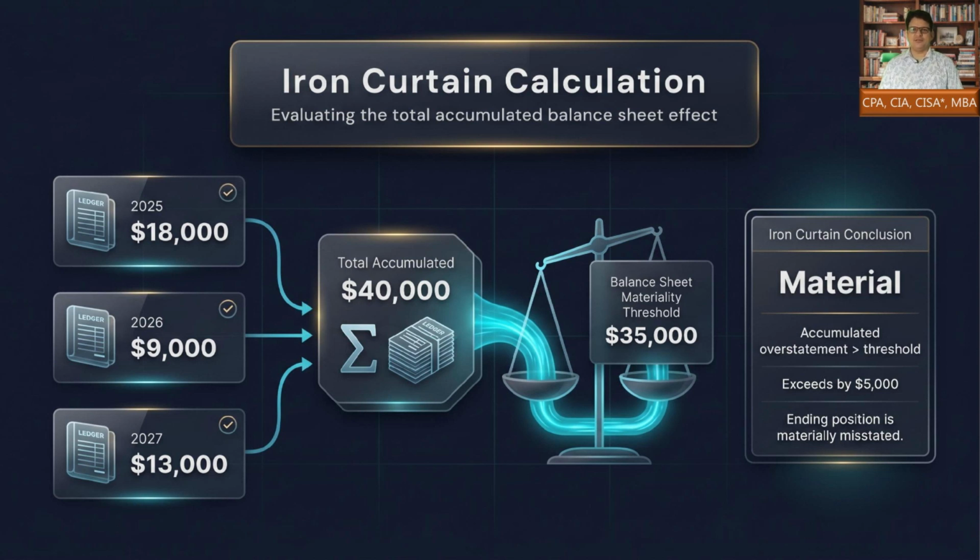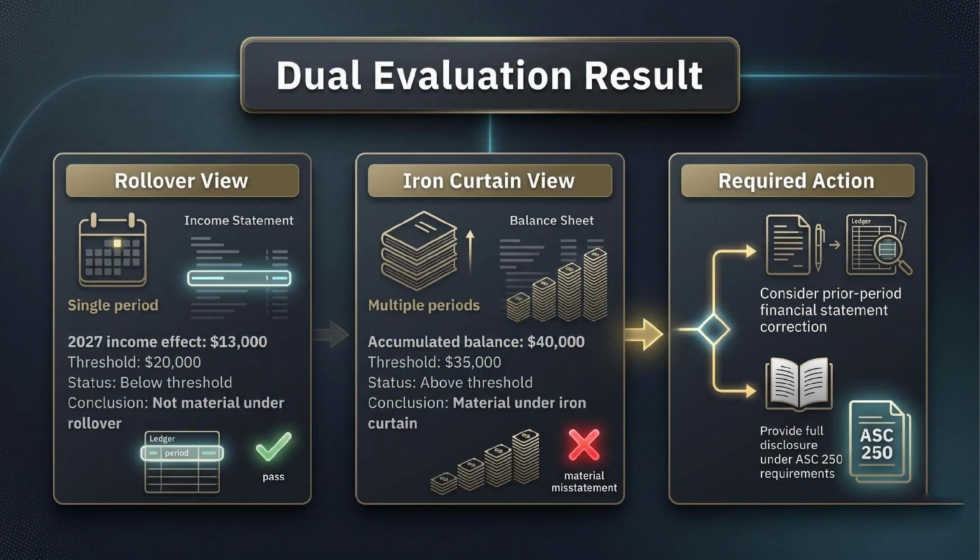Since 40,000 exceeds 35,000 by 5,000, the ending balance sheet is materially misstated under the iron curtain view. This result catches what rollover missed. The income statement effect looks small, but the accumulated balance sheet problem crossed the materiality threshold. The dual evaluation result is the lesson.